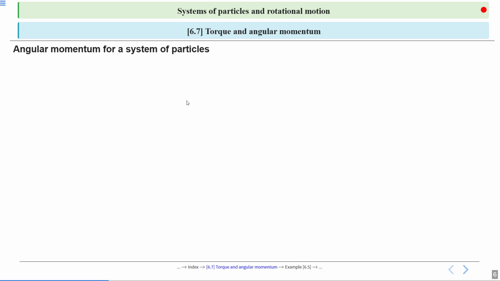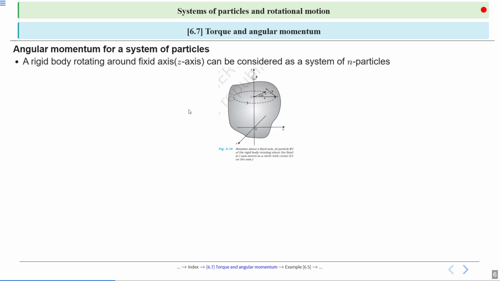Angular momentum for a system of particles. Here we will see angular momentum for a system, not a single particle. Let's see. Here we have a rigid body rotating around a fixed axis, as shown in figure 6.16. Here the fixed axis is the z axis. So we have a rigid body rotating around this fixed axis, and we have a system of n particles.